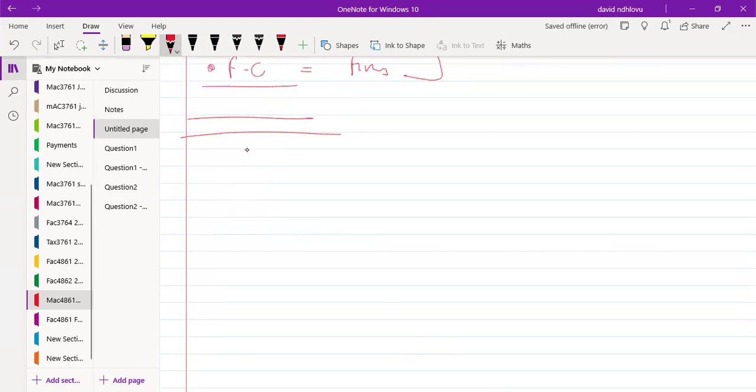So what is the solution? Right, what we do is we take the work in progress, we convert it into equivalent finished goods.